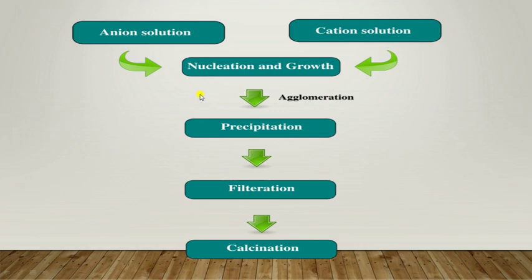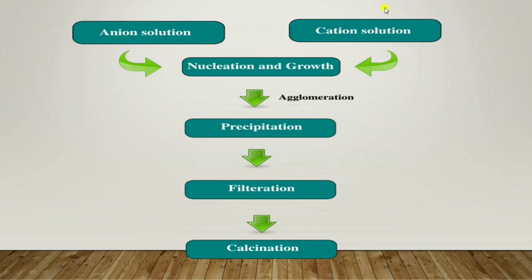Again, this shows the flow chart of the co-precipitation technique. We have taken an anion solution and a cation solution. Not every solution will have only positive or only negative charge. There is some positive charge in one solution, and in another solution there is some negative charge.